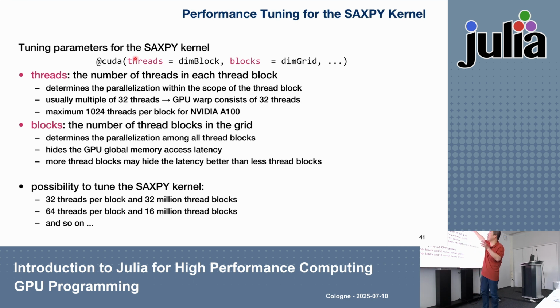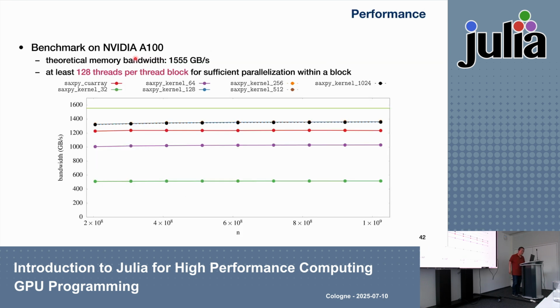You can tune everything to change the number of threads and the number of thread blocks. There are multiple combinations. It's not straightforward, and in the end of the day, all those efforts, a 30-minute or half-hour talk, may not give you good performance.